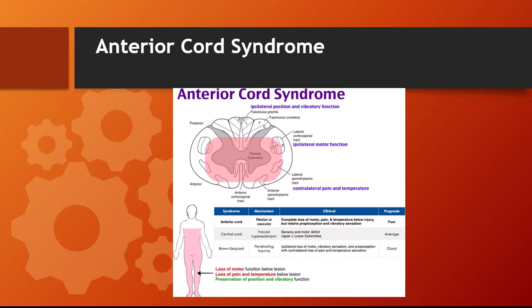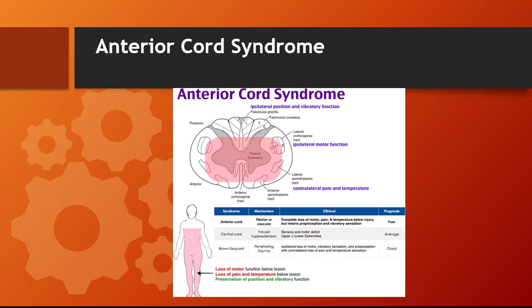Now, the nice thing is that it can be treated if they get to it early enough, okay? And they'll treat it the exact same way you would if you had a clot in the brain or the lung. They'll give the patient blood thinner.